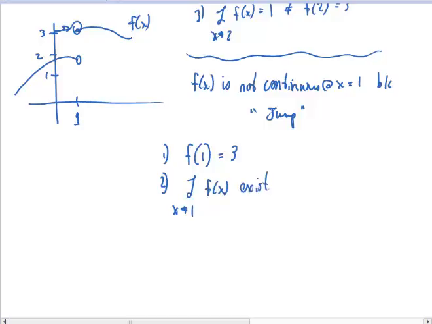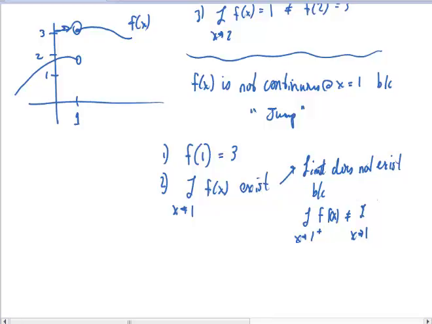And right here you would kick out of the continuity business because you would say that the limit does not exist because the limit as x goes to 1 from the right is not equal to the limit as x goes to 1 from the left.